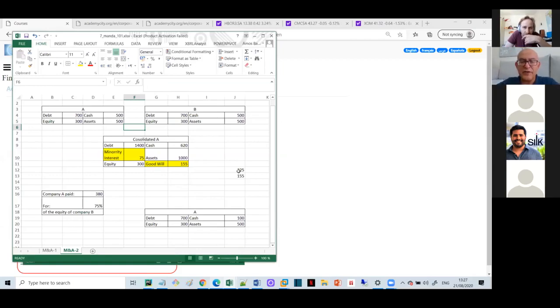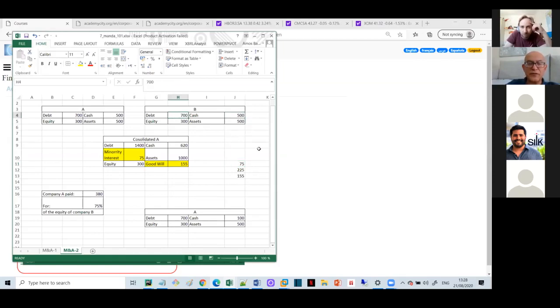It's exactly 25%. So we bought 75%, which is 225 out of 300. And the previous shareholders still own 25%, which is 75. They are still owners of this amount.